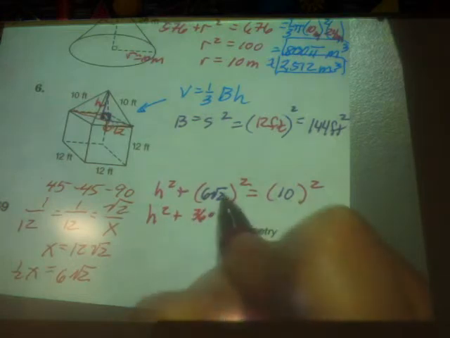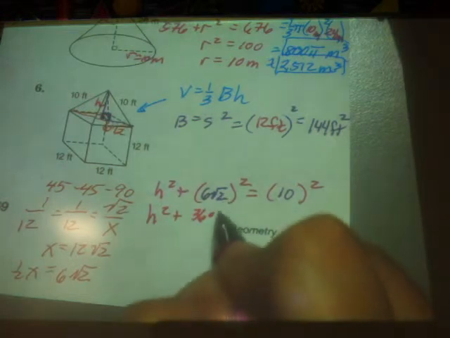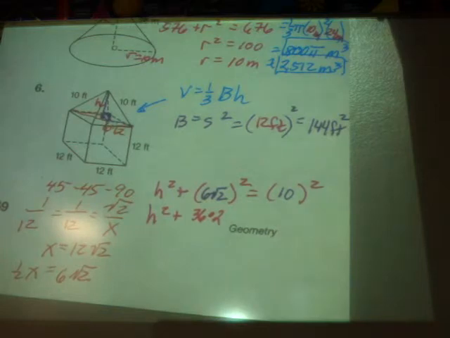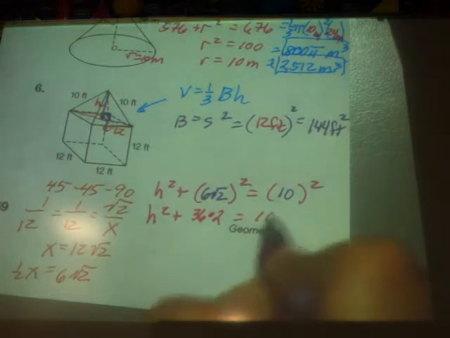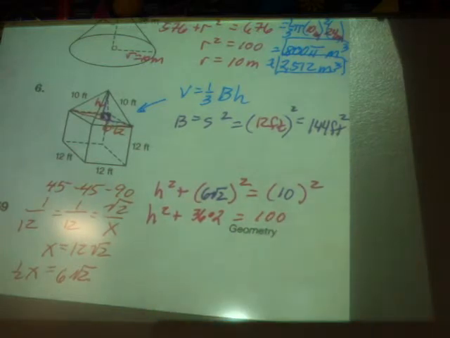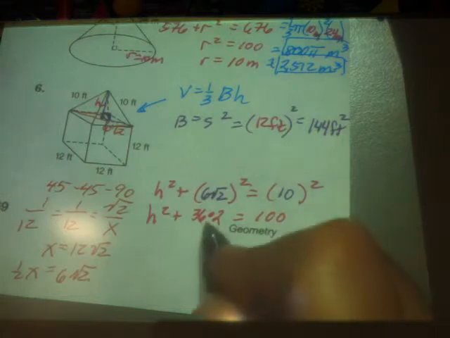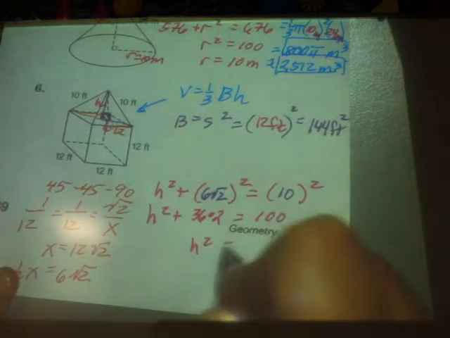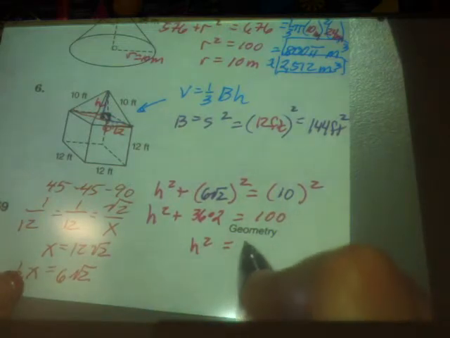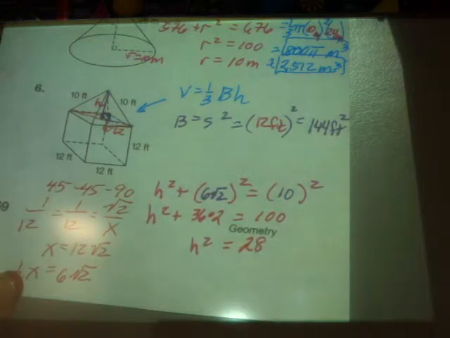When I square the radical 2, what do I get? 2. So the whole thing is 72, right? Equals 100. What's 100 minus 72? What is it? 28. 28 and 72 does add up to 100.